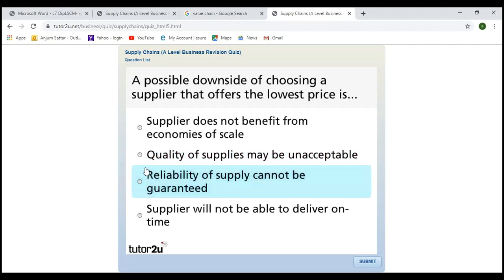Quality, reliability, and on time. All three seem plausible. I would go with quality. We need to pick one. I'll go with quality.